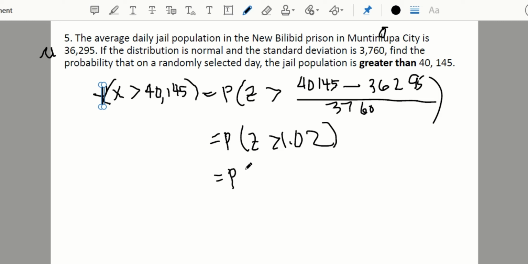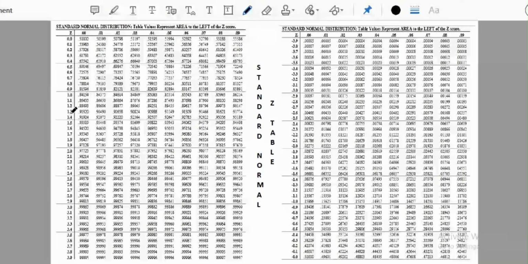So again, the same with the previous example. So this will become 1 minus the probability to the left of 1.02. So the area to the left of positive 1.02 is here.